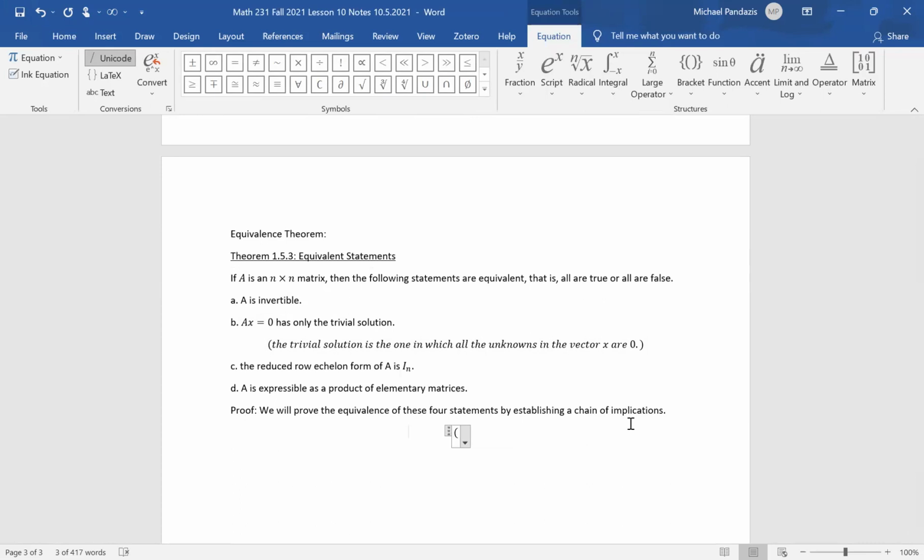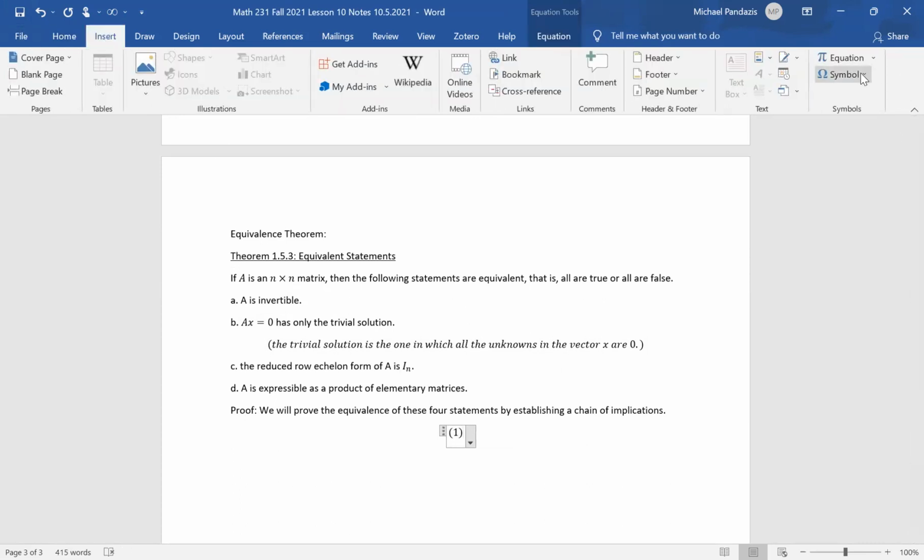Okay, so what we want to prove is that statement A implies statement B, and that statement B implies statement C, and statement C implies statement D. I think you see where I'm going here. And statement D implies statement A.